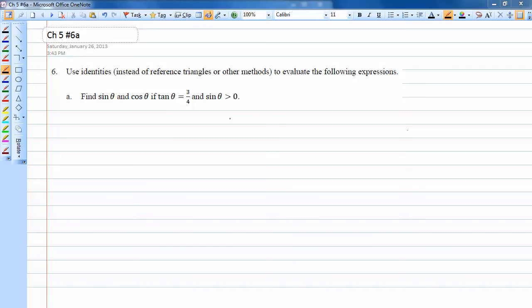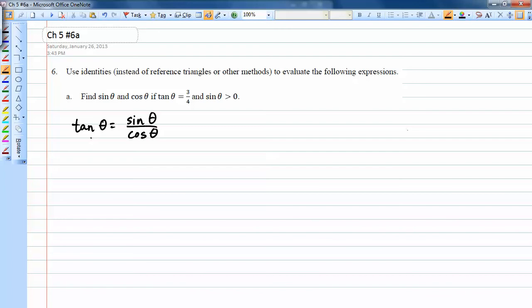A lot of times when you're first doing trig identity stuff, you have no clue where to start. So what I try to do is notice there's a sine, a cosine, and a tangent involved, and I'm trying to relate sine to tangent or cosine to tangent somehow. We know tan theta is sine theta over cos theta, so that will come in handy.